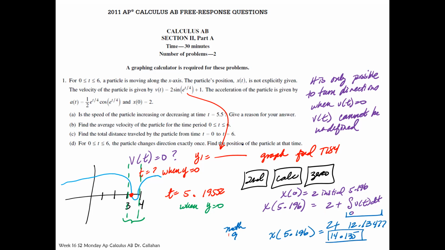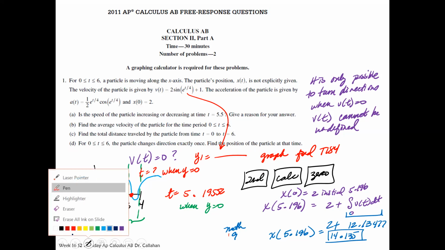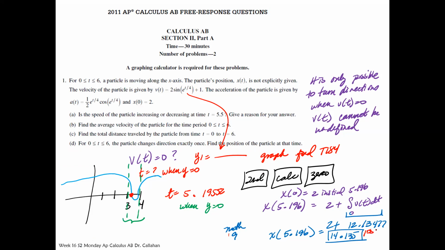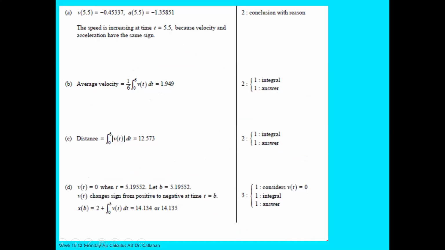And that right here is the position of the particle at the time when it changes, at 5.196 seconds. So here you can just put position of the particle. All right, guys, so the very last one, 3 points: 1 for v of t, integral, and then answer.